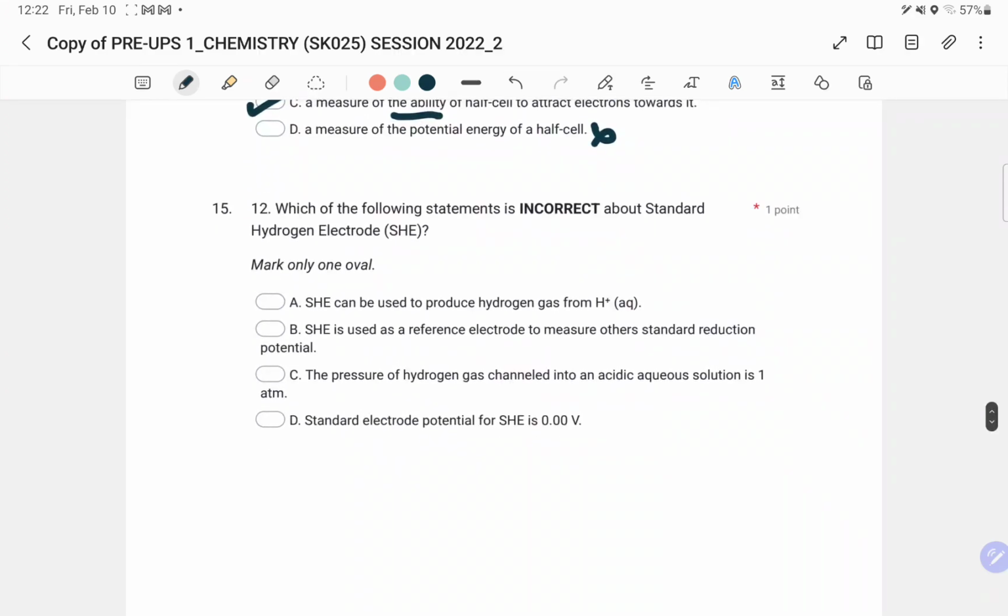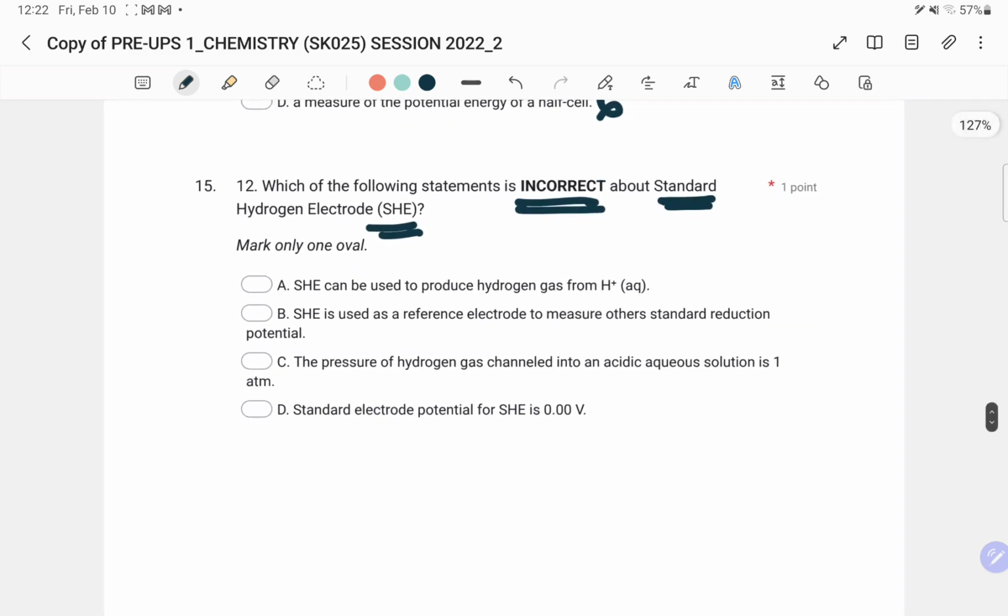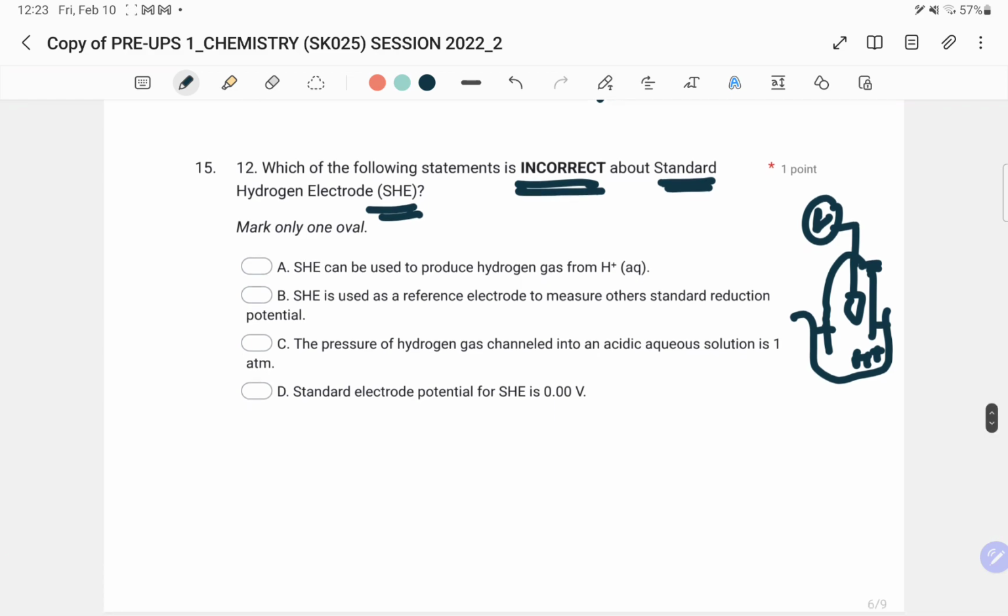Number 12, which of the following statement incorrect? So dia minta incorrect about SHE. So SHE standard kan? So SHE can be used to produce hydrogen gas. Betul lah, sebab bila SHE, kita guna voltmeter yang ada ni. So kita akan guna H plus kan. So bila H plus, dia akan produce hydrogen gas lah. SHE is used as a reference electrode to measure other standard reduction potential.